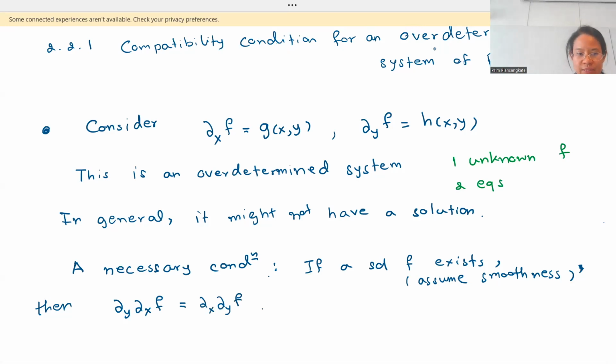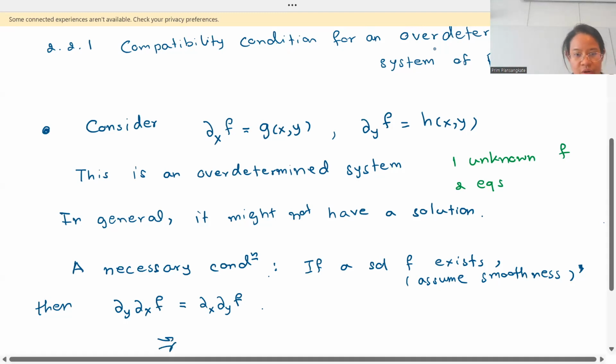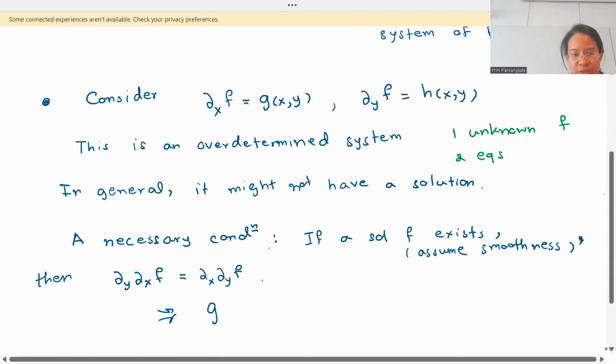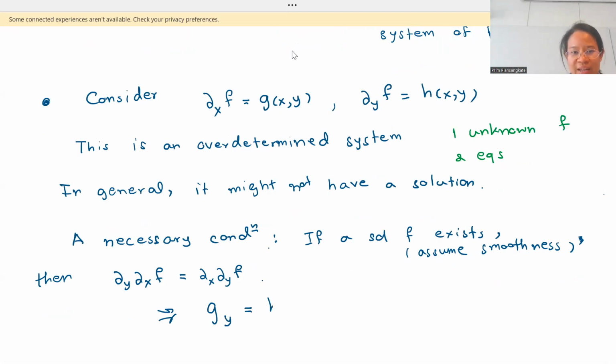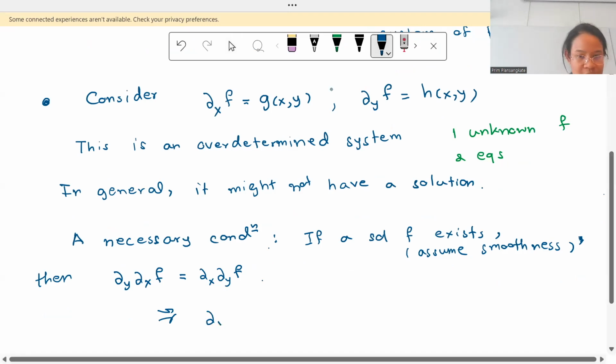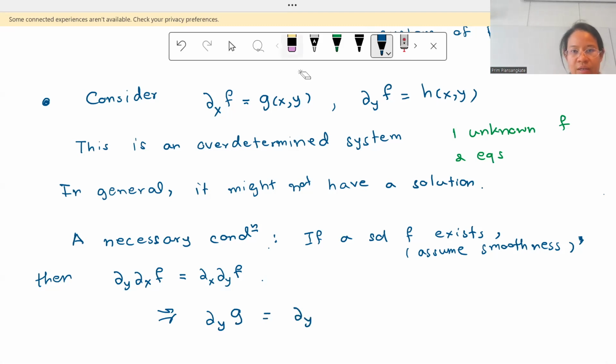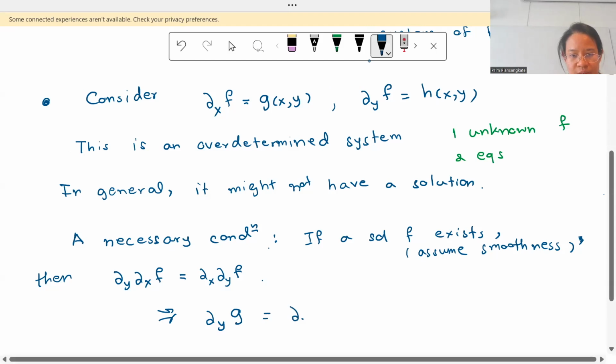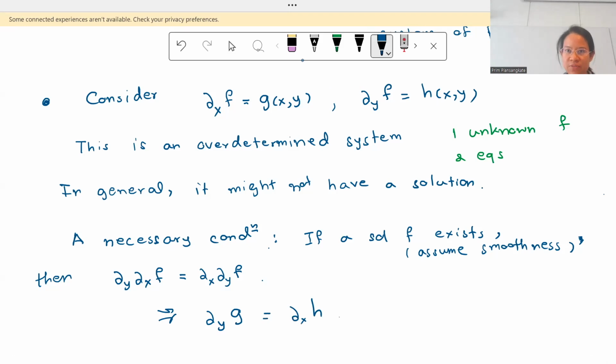Because this has to be true, it follows that g and h must be such that, I try not to use the subscript for the partial derivative, g_y has to be the same as you differentiate h with respect to x. Okay, so this is a condition on g and h, a necessary condition.